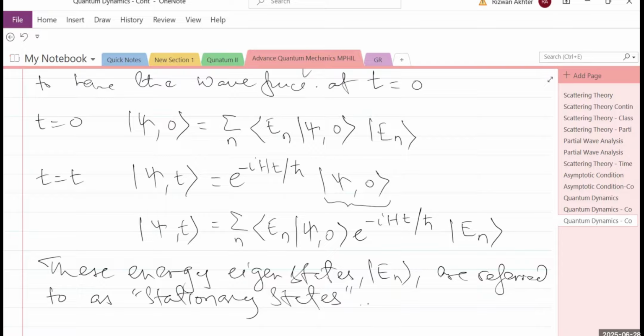But what we have been discussing so far is that the wave function is a function of time, whereas the observables are independent of time. There could be a case where we think about an observable, for example, an observable A. In the Schrödinger picture, observable A is not a function of time, whereas the state function is a function of time.